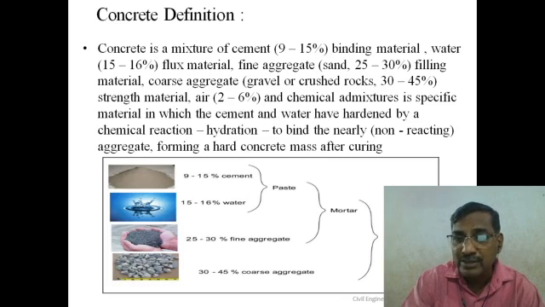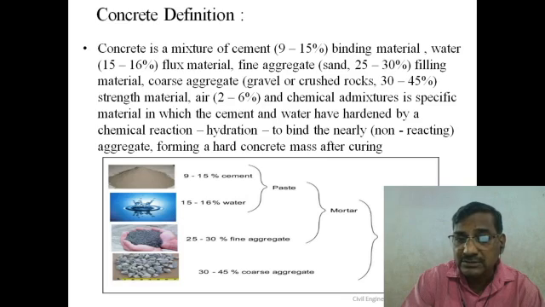The pH value is 6 to 7, which is free from organic, inorganic, salt, sugar, etc. All these mix in a designed proportion, forming a homogeneous green concrete which will be hardened after curing.